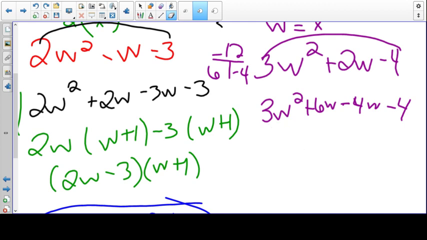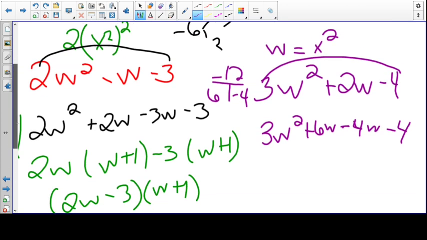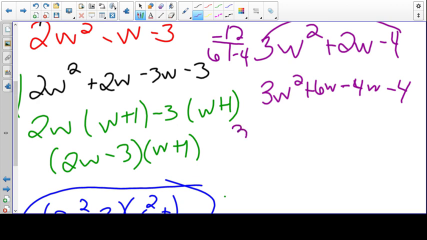I'm running out of room. So I'm trying to get the second set of w plus 2.